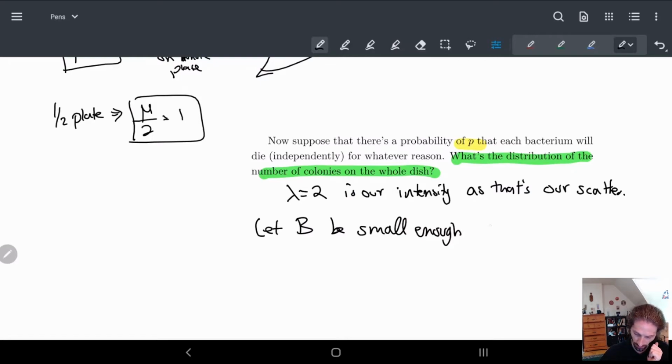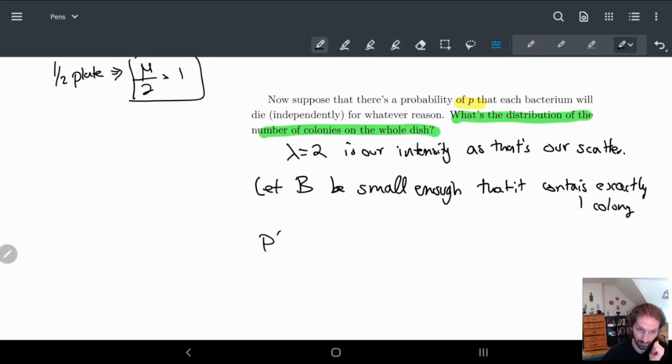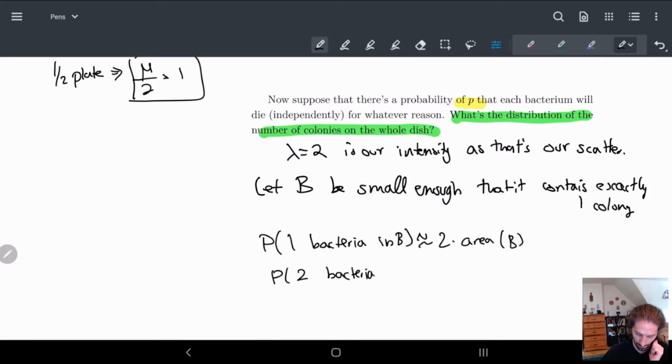So in other words, what I want is the probability of one bacteria in B to be roughly equal to 2 times the area of B. And the probability of 2 bacteria in B would be roughly 0, right?